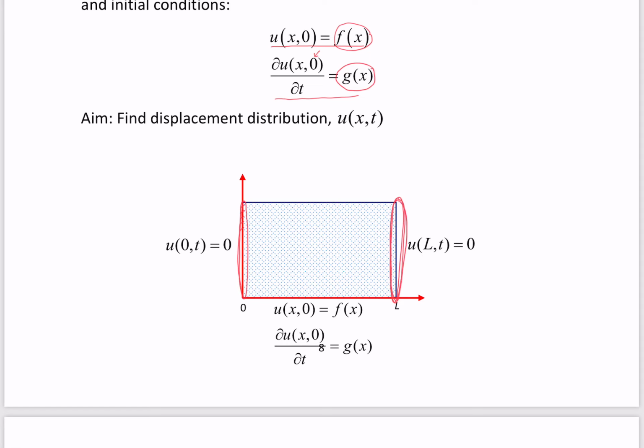So the value of u at x equal to L and also at the left end when x equal to 0, our displacement distribution u equal to 0, no matter what time, for all t.